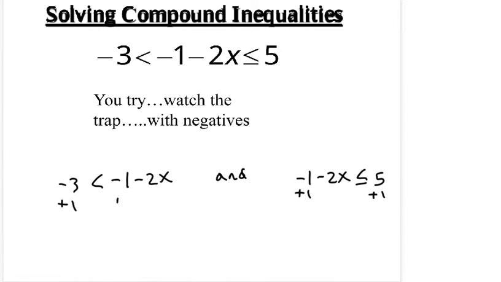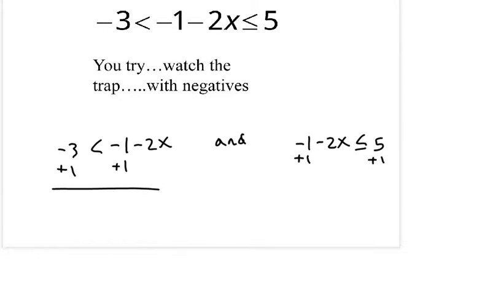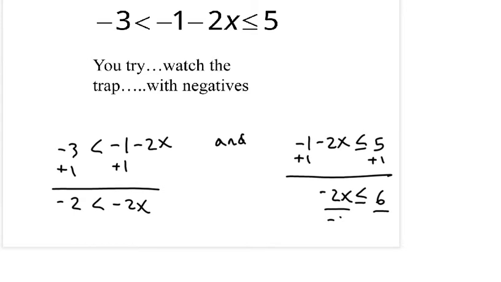Over here we have negative 2 is less than negative 2x. Over here we have negative 2x is less than or equal to 6. We divide both sides of our inequality by negative 2. Remember, dividing by a negative switches the inequality around.